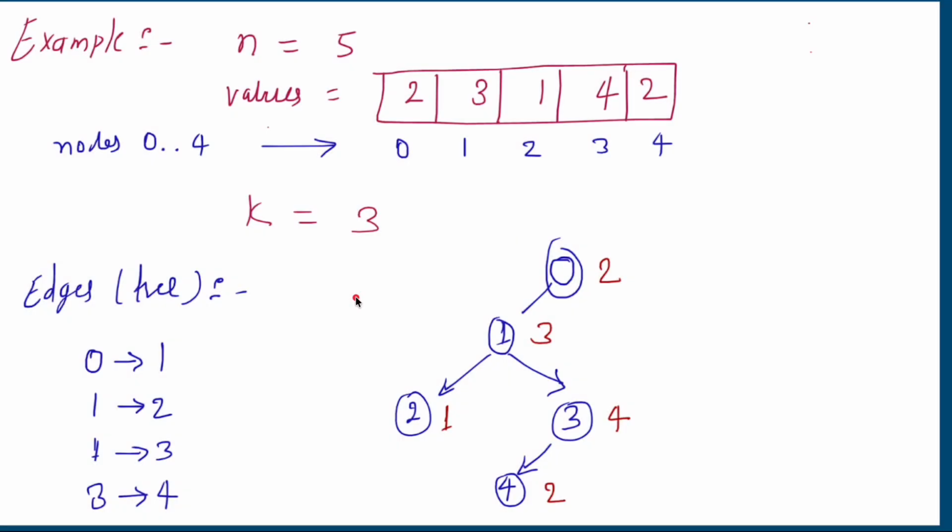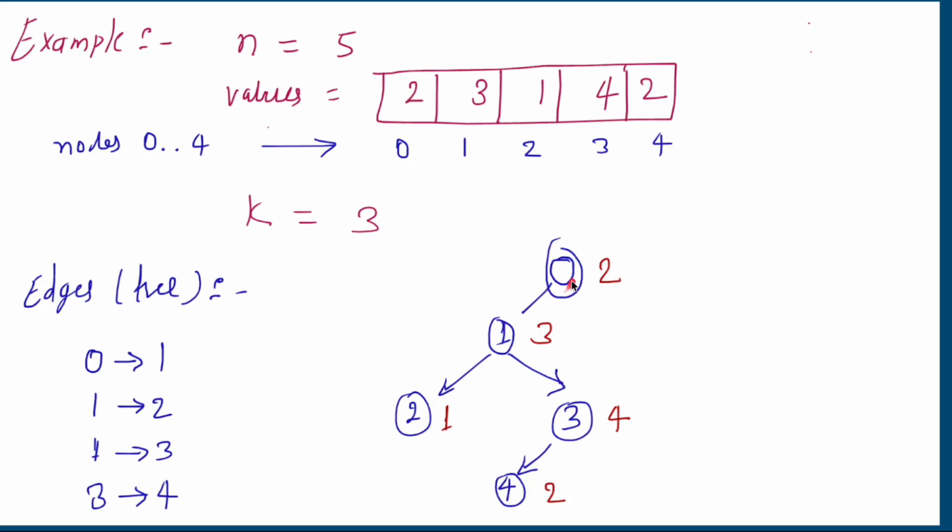Now we have learned a lot theoretically, right? Let's try to understand visually. So n equals 5, and let's suppose the values given are 2 3 1 4 2. If we represent the node values with their indexes 0 1 2 3 4, then nodes 0 to 4 have the values 2 3 1 4 2. If I represent this as a tree, node 0, index 0, we consider as the root, and its value is 2, as you can see here.